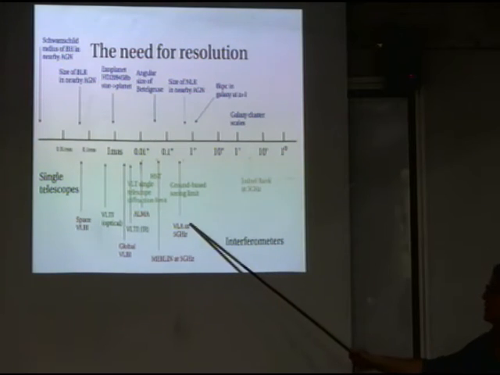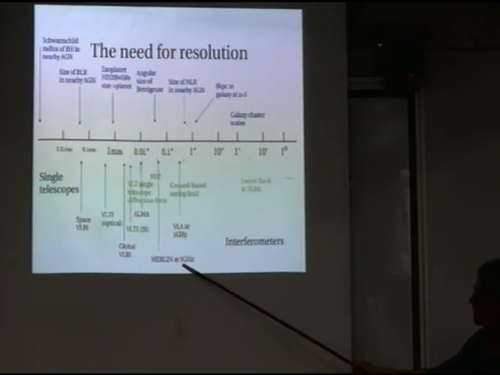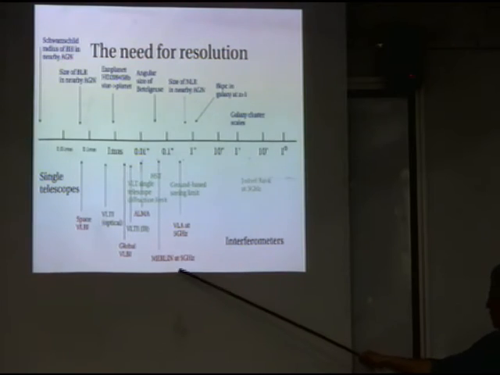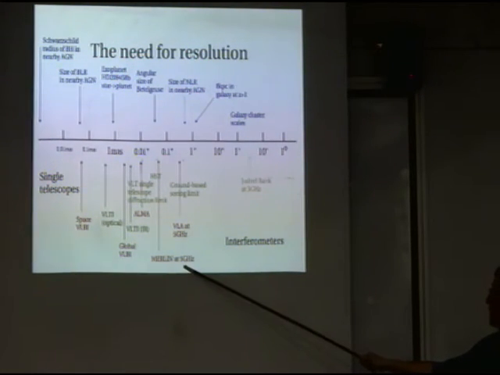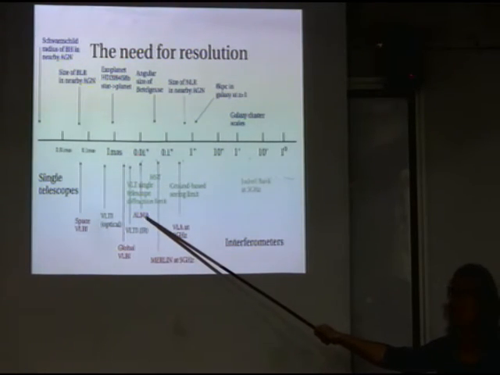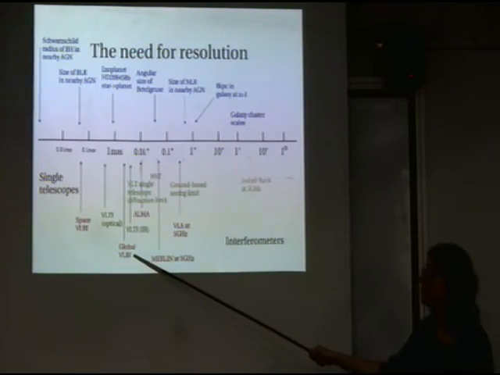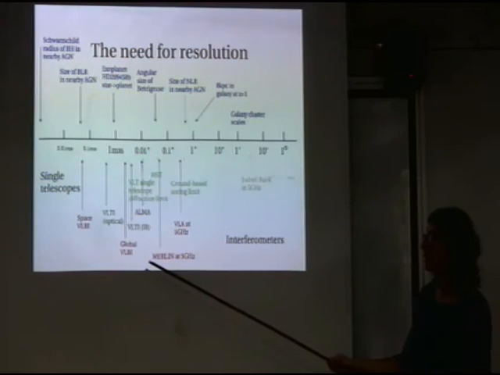So this is, for instance, the resolution that the VLA interferometer would have at 5 gigahertz. So you are already here. MERLIN is a combination of arrays of antennas as well at 5 gigahertz. ALMA can reach this regime. It's quite impressive. This is the global VLBI, the network that I showed you before.